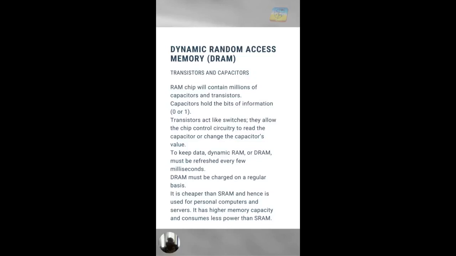This emphasizes the fact that a computer is a digitized machine. It can only store data in base 2. Transistors act like switches. They allow the chip control circuitry to read the capacitor or change the capacitor's value from 0 to 1 or 1 to 0.